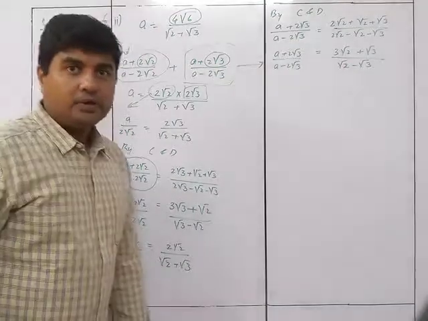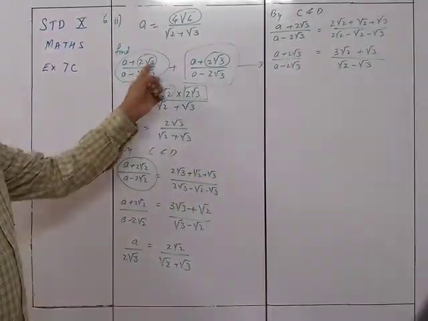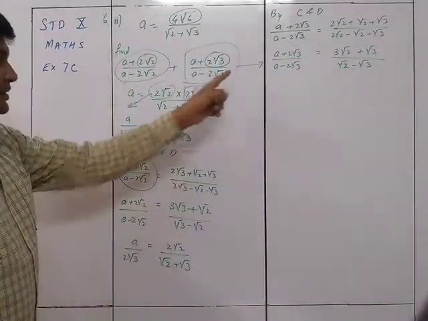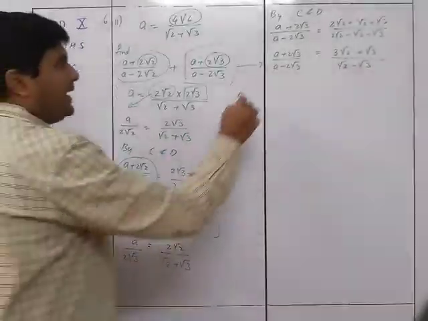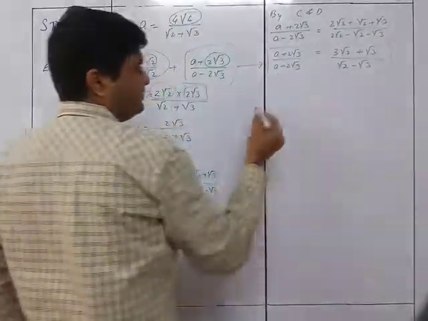Got it? So when I add these 2 up, that means I am adding this one and this one. So I have this particular thing and this particular thing which I need to add up. So what I get?